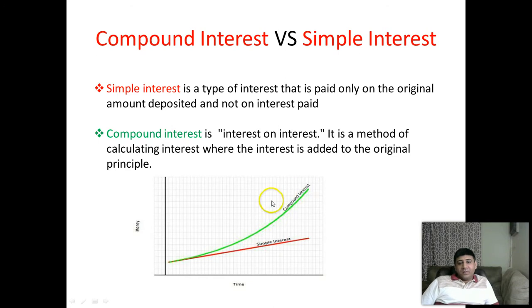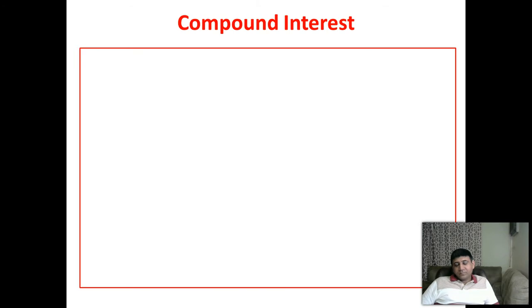Each time we use the compound interest formula, we add the interest to the original amount, so our interest gets bigger, and the next time that interest is also included, so the graph starts to go up. Compound interest is definitely better than simple interest.